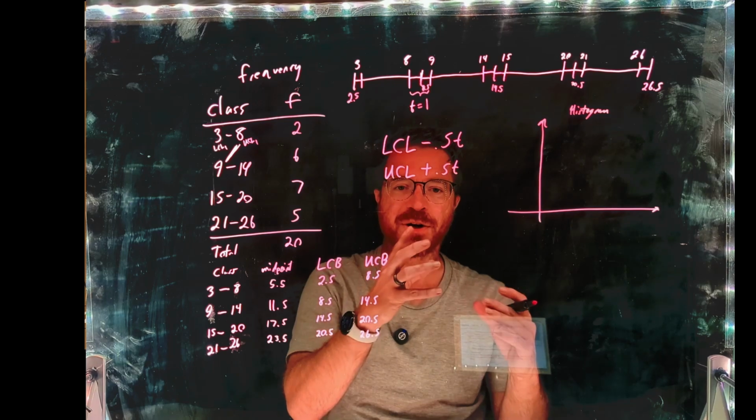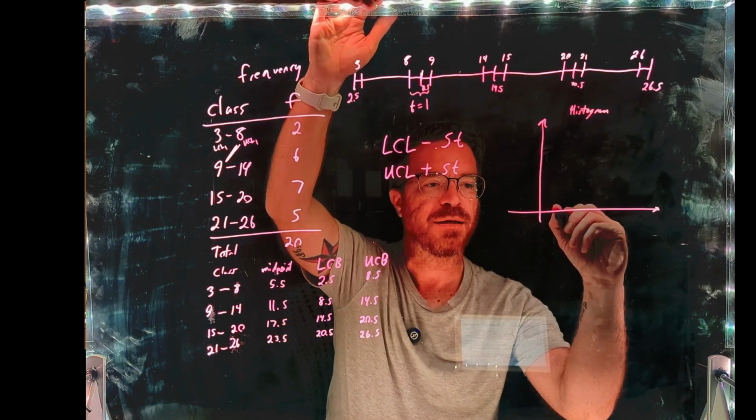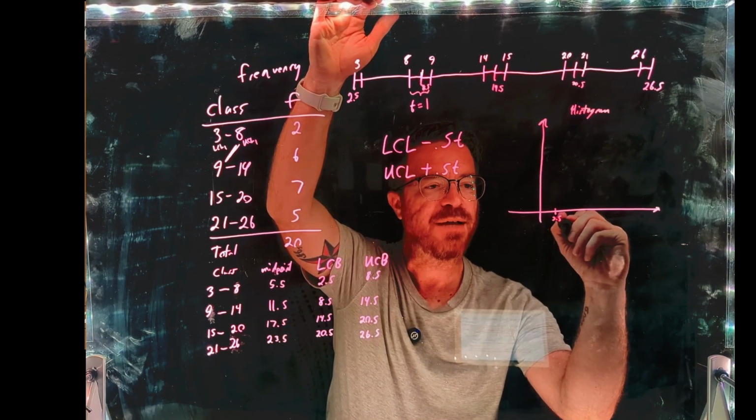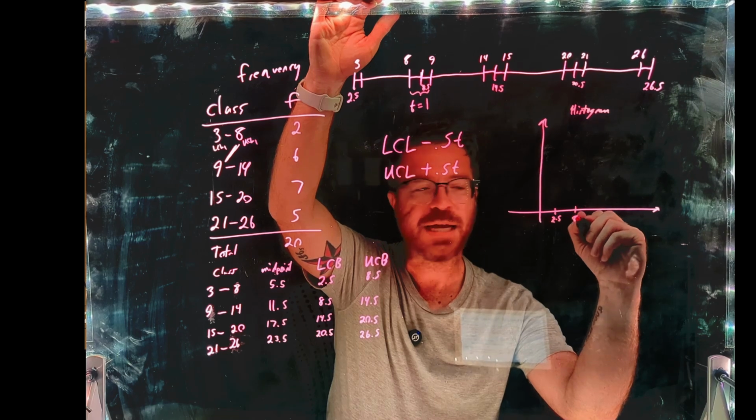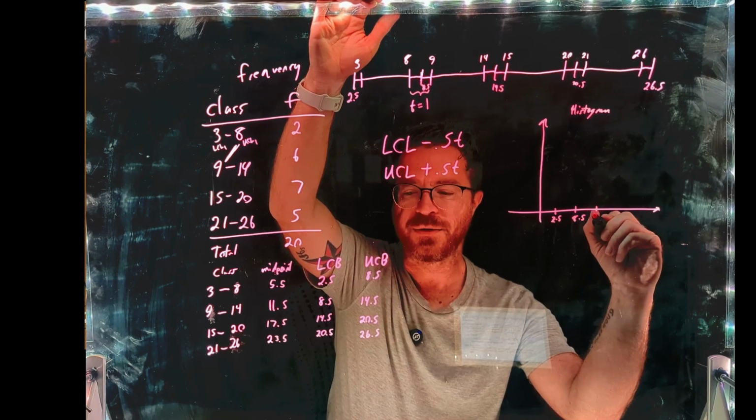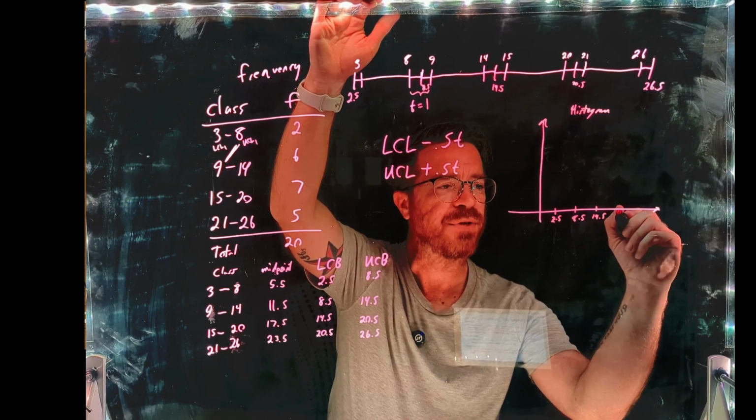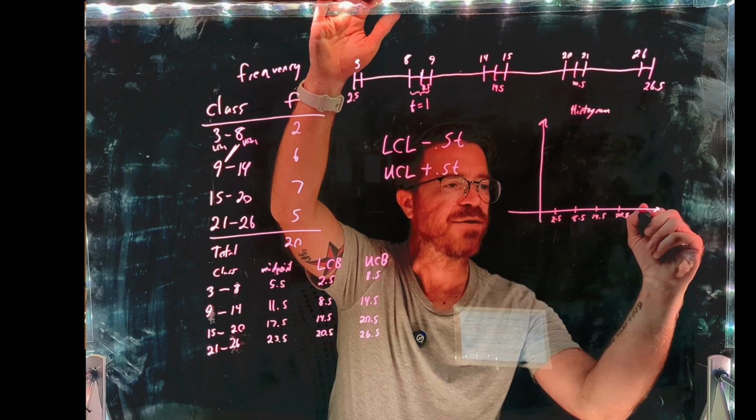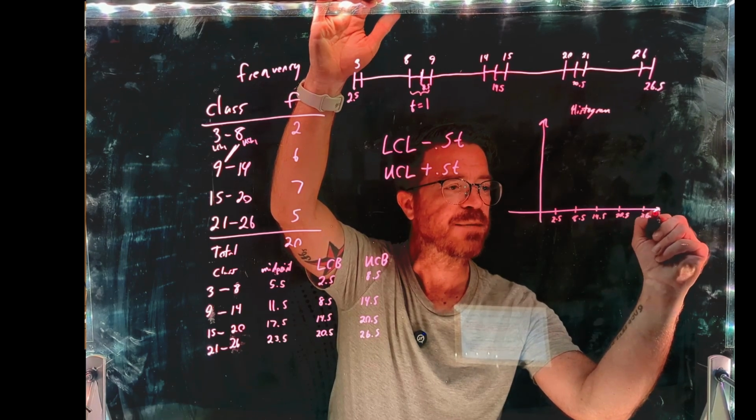For example, if we're using our class boundaries, it would be 2.5 to 8.5 to 14.5 to 20.5 to 26.5.